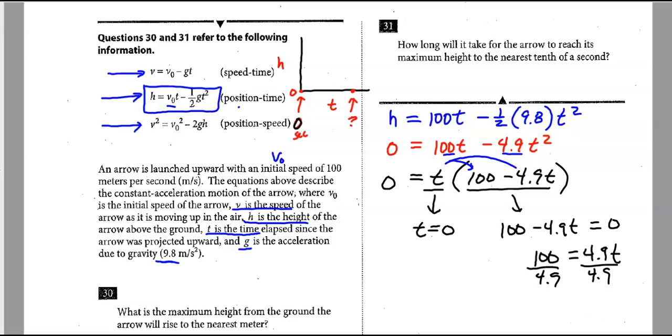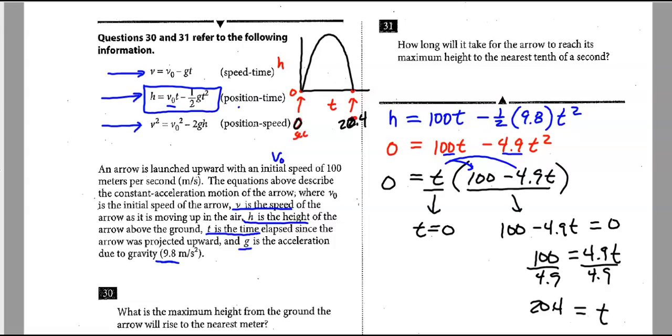I get 20.4. What that means is, on this graph, this arrow shoots up in the air, comes back down. It took 20.4 seconds to start from the launch and then hit the ground again.